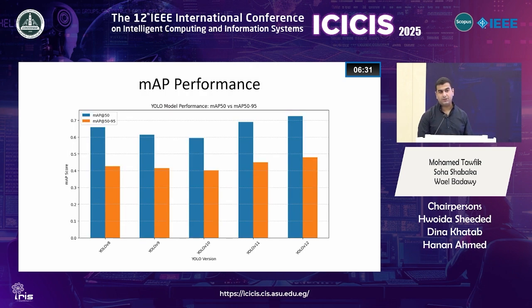Now, we will compare. As you can see, YOLO version 12 performed best among the 5 YOLO versions used, with the highest mean average precision, either at 50 or at 50 to 95. And the worst was YOLO version 10.